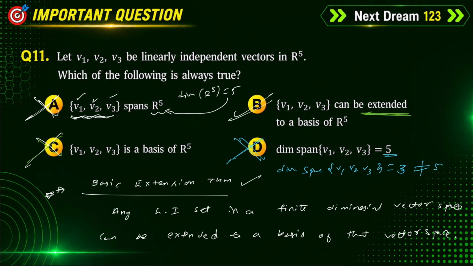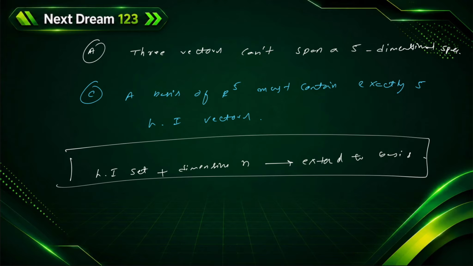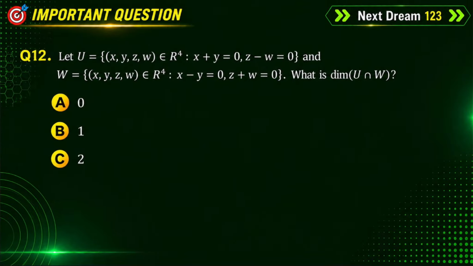If you observe, in this question three linearly independent vectors are given in R power of 5. Then it is extended by two vectors to get a basis. You should remember this, it is very important.